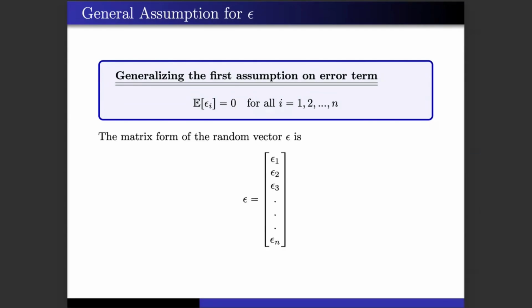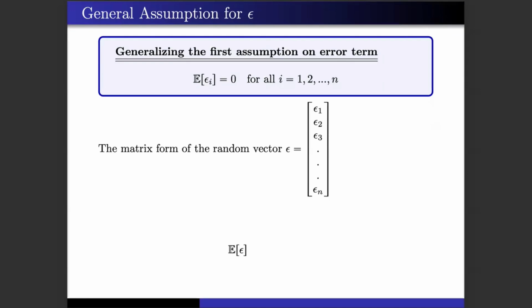So this is the matrix form of the random vector epsilon. Epsilon is the n cross 1 vector of random errors, and if we take expectation on both sides, then on the left hand side we have the expectation of the random vector epsilon, and on the right hand side we have expectation of epsilon 1, expectation of epsilon 2, and so on till expectation of epsilon n.